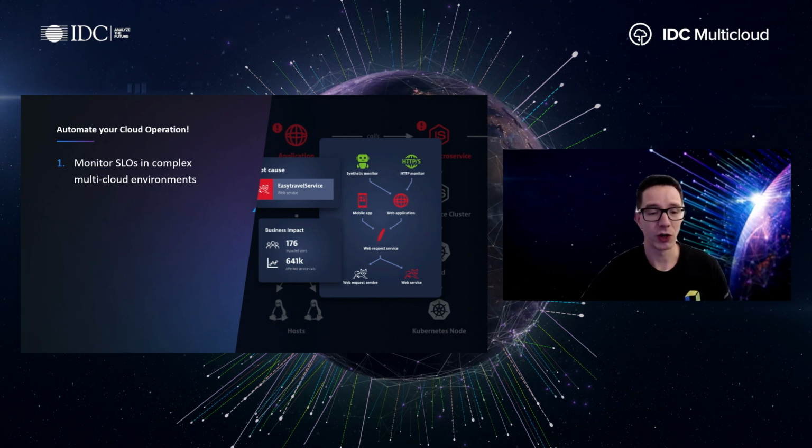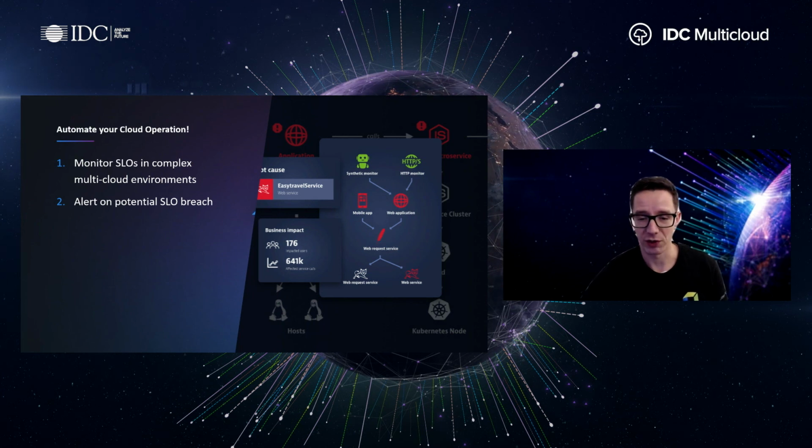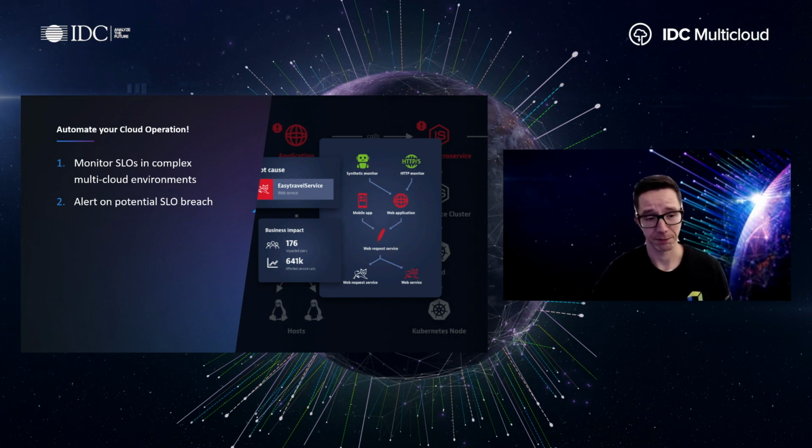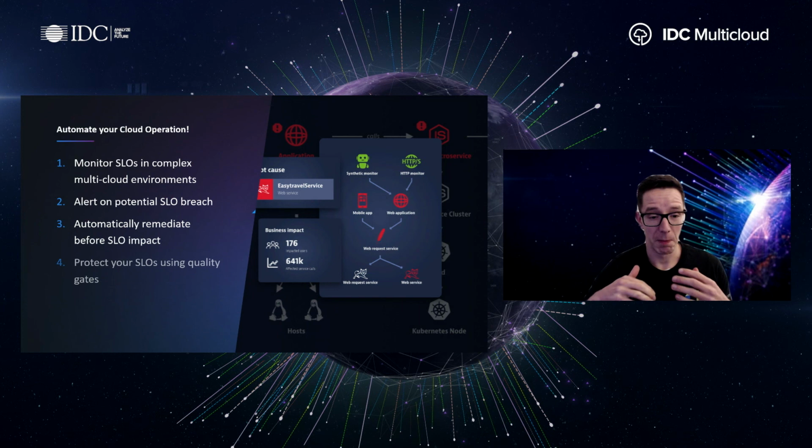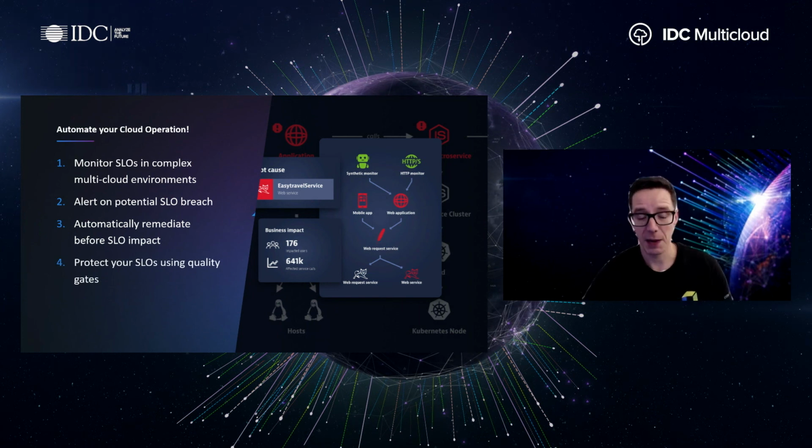We can alert on potential SLO breaches, and we can not just know that something went wrong, but we also know what went wrong, what the impact was, and what the root cause of it was. We can start remediating problems automatically before they can impact our SLOs, and we can stop bad quality software from reaching production by implementing quality gates that will automatically monitor your service level objectives.